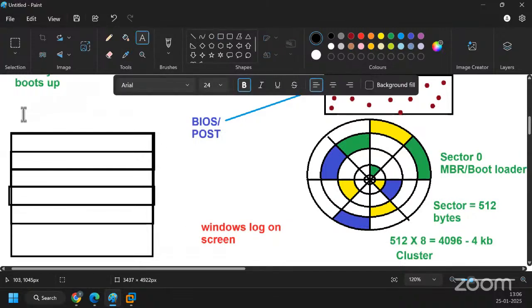Let me name them. Sector 0 has a total size of 512 bytes. Just after that, we have the bootloader, which helps us load the operating system into memory. If our system does not have a bootloader, we won't be able to load the operating system into memory.